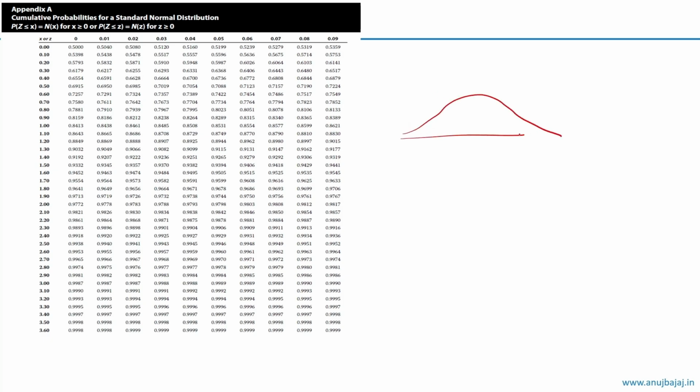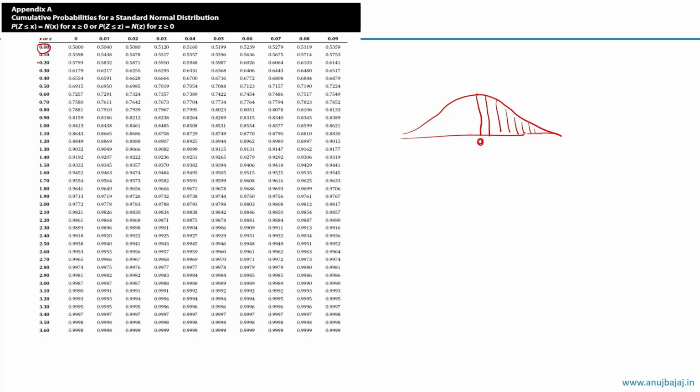That is, this table tells us the percentage of observations lying below these standard deviations which are to the right side of the 0. So on the left side we have standard deviation and on the right side we have standard deviation. So let us see how do we interpret this.